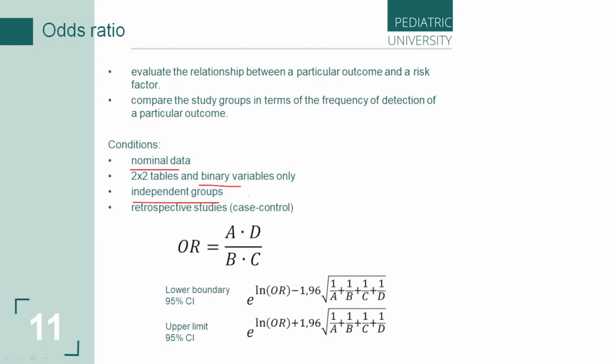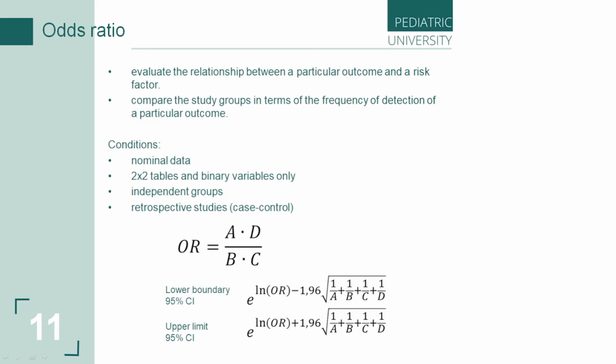In addition to the odds ratio itself, be sure to indicate the limits of the 95% confidence interval, because we are going to generalize everything to the general population. The lower bound is calculated as follows.